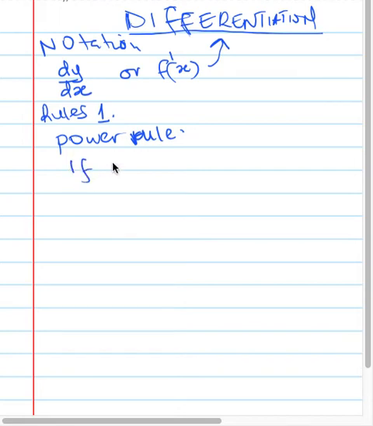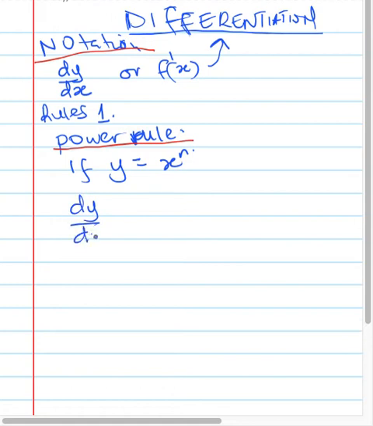So if y is equal to x to the power of n, then dy dx will be n x to the power n minus 1. This here will be called the derivative.